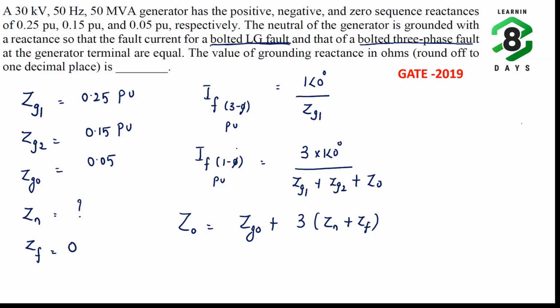So what he is telling is, you have to compute the Zn value such that both these fault currents are equal. That is, the value of equation 1 and equation 2 are the same. If you equate these two, you get 1 divided by Zg1 is equal to 3 divided by Zg1 plus Zg2 plus Zg0 plus 3Zn.